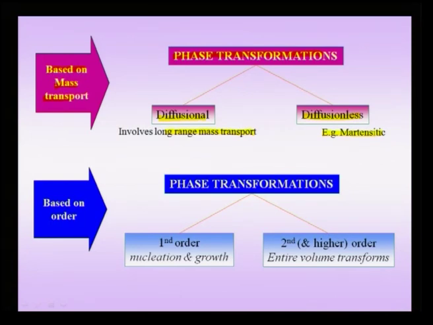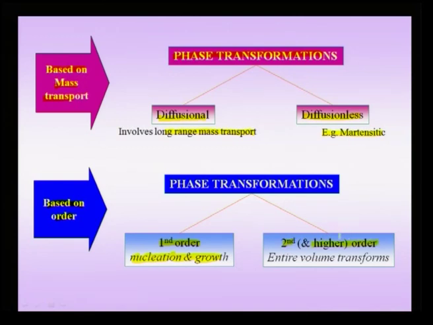Further, thermodynamically, based on order, we can classify phase transformations as first order, which involves a concept known as nucleation and growth. We will dwell into this concept of nucleation and growth in a lot of detail in the context of transformations like solidification and alpha to beta phase transformations, etc. And typically, you can also classify phase transformations based on order to be second order or even higher order.